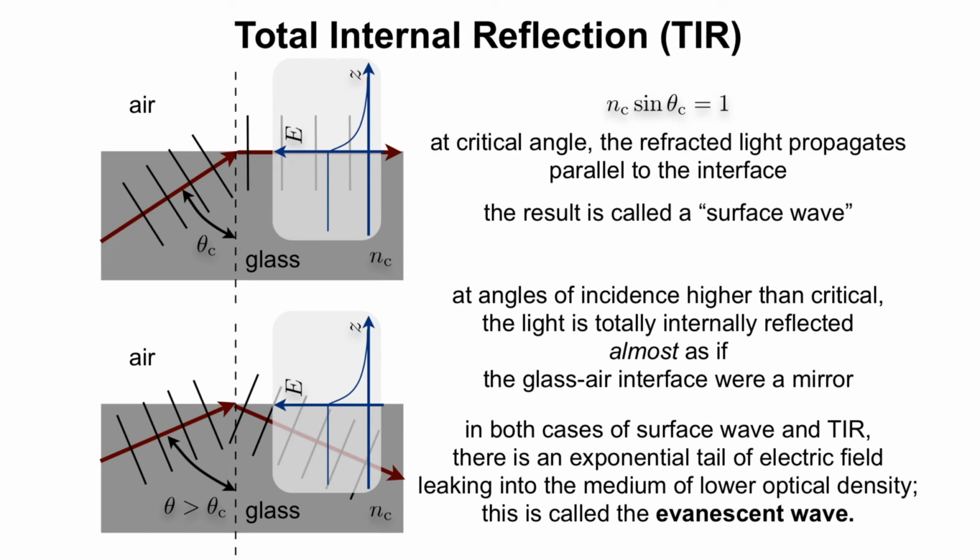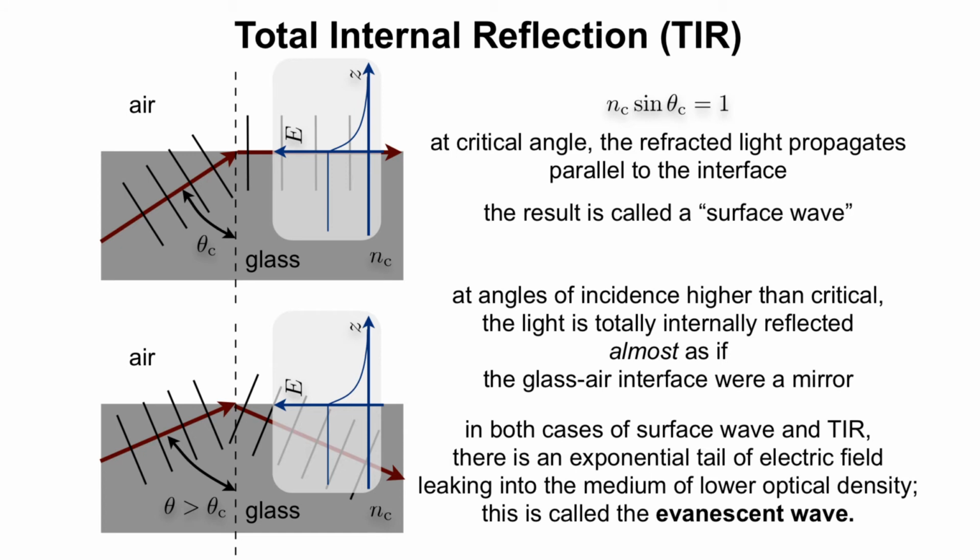So now let's look at total internal reflection. Again, as I said, it happens when you're going from glass to air. Total internal reflection happens when your angle of incidence is greater than the critical angle, right? That's where you get an evanescent wave. An evanescent wave means not all the light is completely reflected.